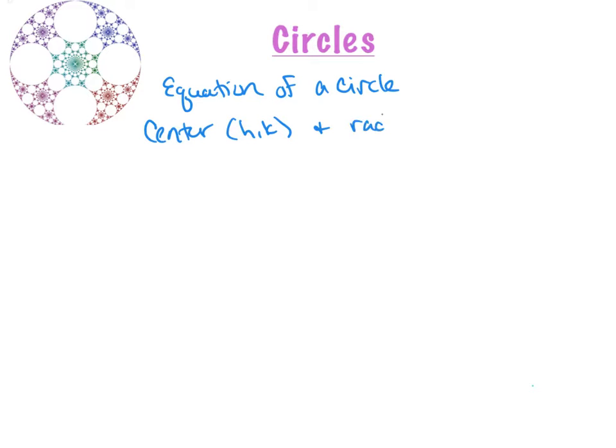Okay, let's summarize this. The standard form for an equation of a circle whose center is at h, k and whose radius is r is given by x minus h squared plus y minus k squared equals r squared.